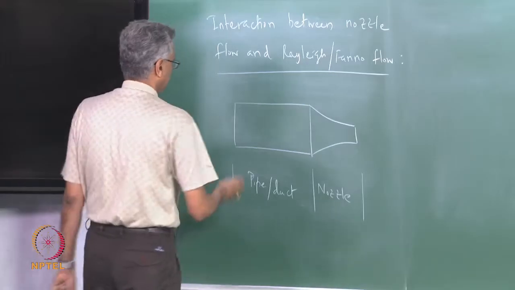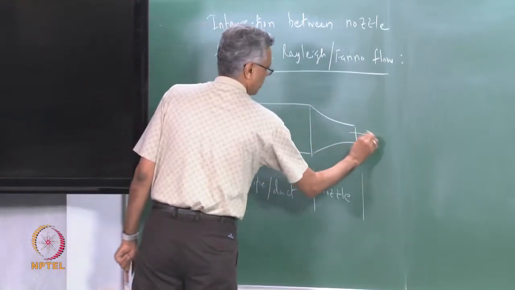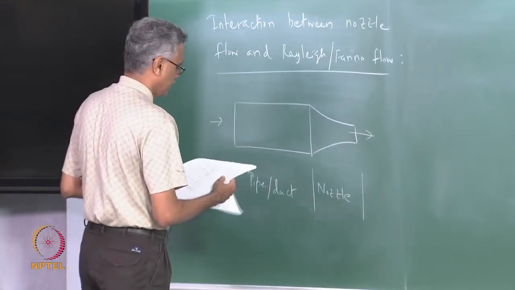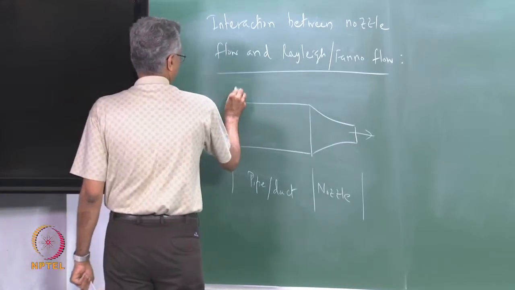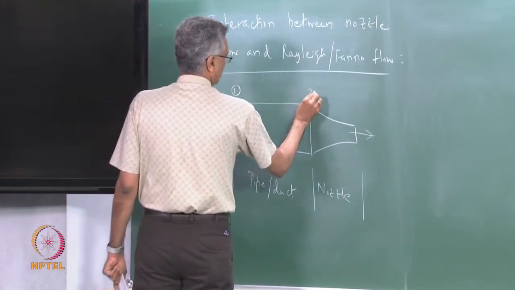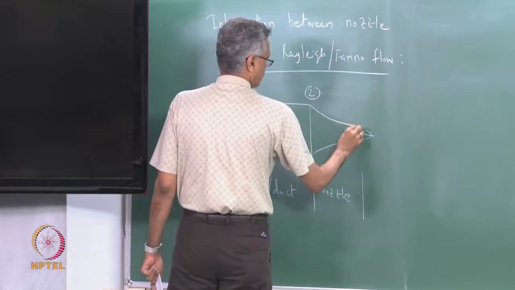So, first let us start with this. So, we have flow which is coming through like this, and I am going to mark this state here as 1, here as 2, and this of course is the throat section.